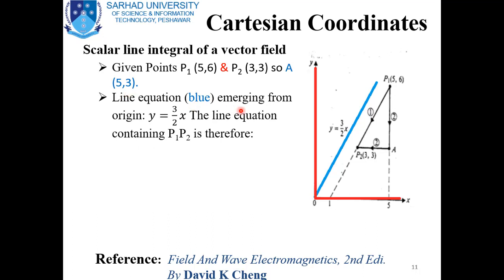And also the equation of the line, the blue line emerging from 0, is given as well, y equal to 3 by 2 into x. So when we put x equal to 0, y equals 0, and if we put x equal to 1, the value of y will be 3 by 2, and so on. So this is a linear equation, and the 3 by 2 is known as the slope of the line.